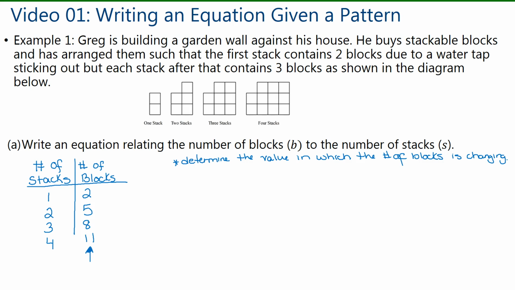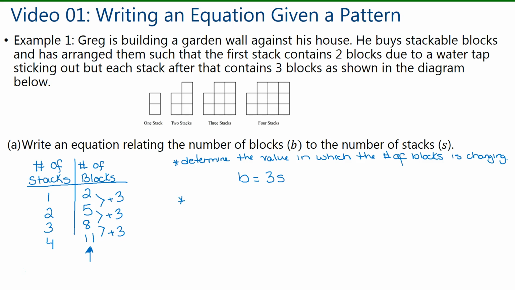Here we have 2 to 5, which is an increase of 3 blocks. Then to go from 2 to 3 stacks, that was also an increase of 3 blocks. And an increase of 3 between 8 and 11 here as well. So the equation I'm going to start with is B is equal to 3 times S, since it's increasing by 3 each time. So this is what I'm going to call my starting equation.